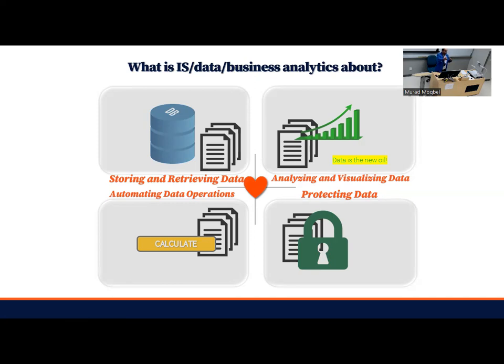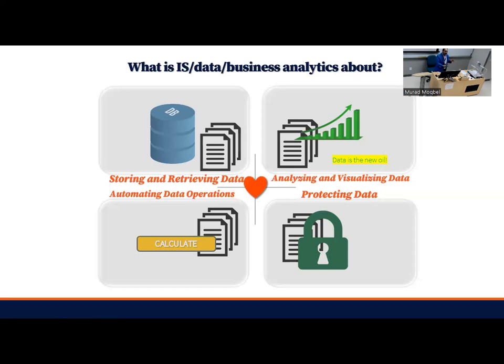So the heart receives the blood that doesn't have oxygen from all organs within the body. Then it feeds it with oxygen, redistributes it to the other organs so they can benefit from that oxygen and that food, right? The same thing for business analysts or information systems. We receive raw facts or data from all units within the organization.